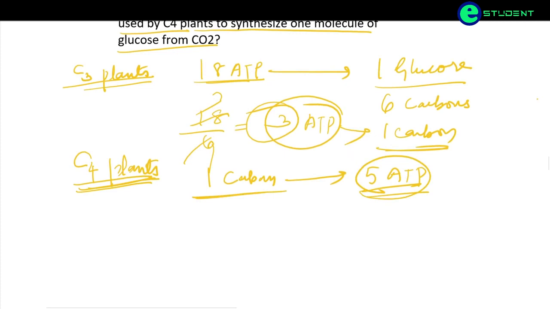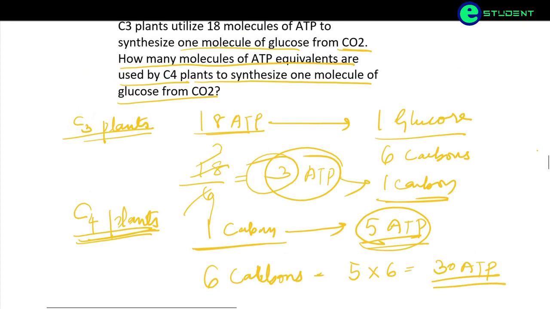So how many do we need to produce one glucose molecule? One glucose molecule has 6 carbons. So 5 into 6, which is equivalent to 30 ATP. So we need 30 ATPs to produce one molecule of glucose in the case of C4 plants. Hope this is simple to you.